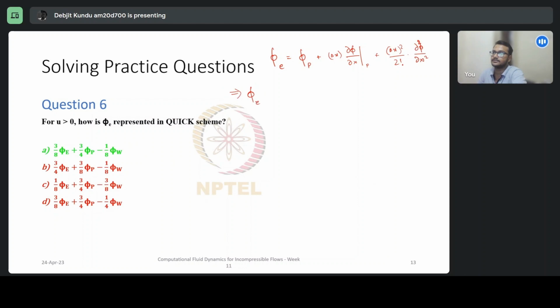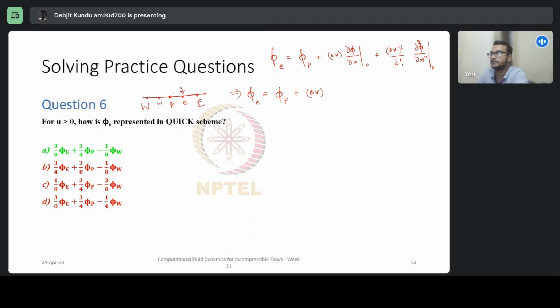Now we will write this down again. So I have phi p over here, delta x, and then this is also estimated at phi p. So I'll draw the template as well. In the template I have P over here, its face small e, then its neighboring point capital E, face small w, and its neighboring point capital W. So we're trying to estimate phi e.